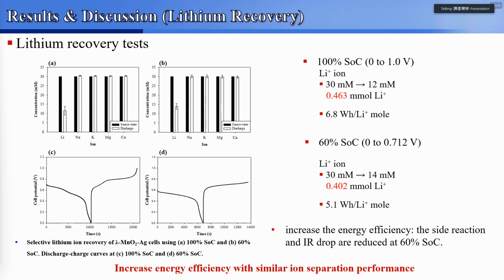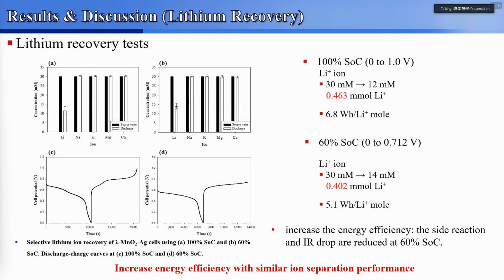This page shows the result of the lithium recovery test. The upper figure shows the selectivity of lithium recovery. As you can see from this figure, both control methods show a great lithium-ion selectivity. It means that SOC does not greatly affect the selectivity of ions, and we can calculate the energy consumption from time versus voltage data.